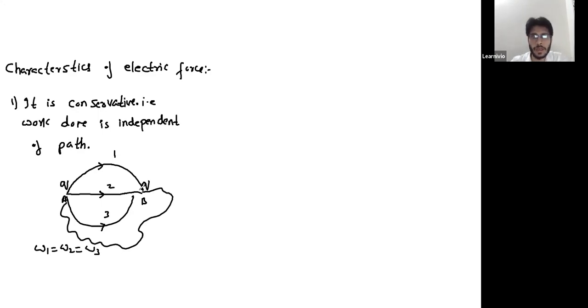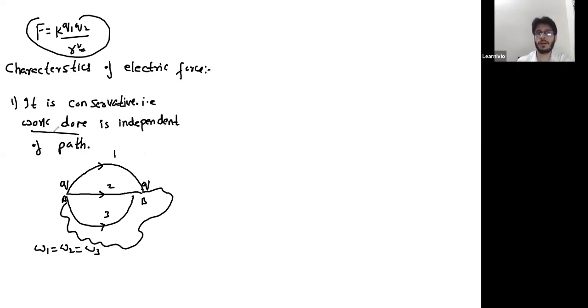Then why do we calculate R? That R we were calculating was for force. Force depends on R, but here it's work done which is independent of R. I'm not saying that force is independent of R. Even in conservative force, force depends upon separation.